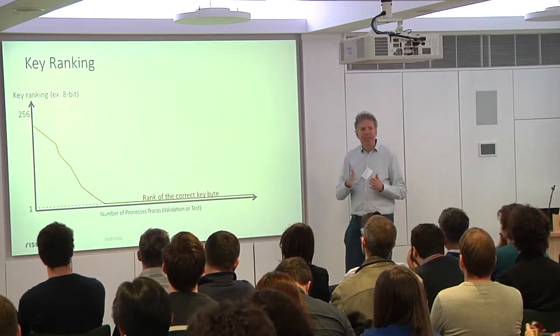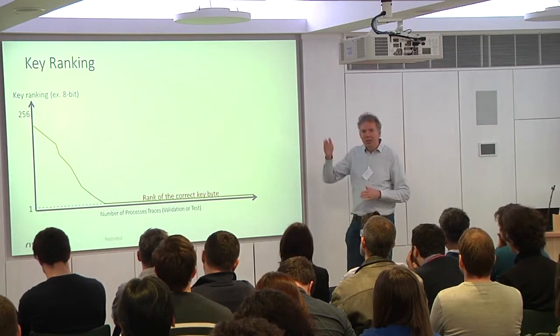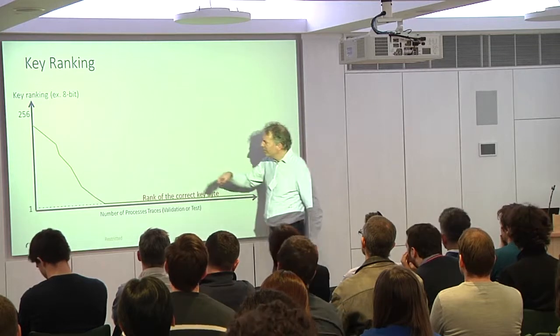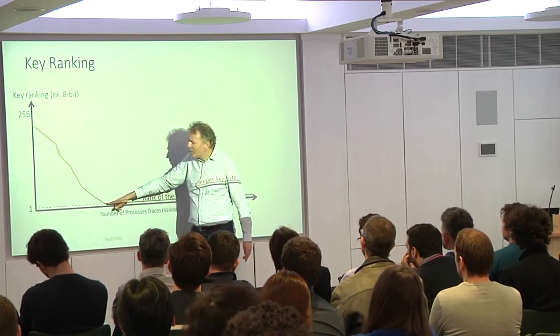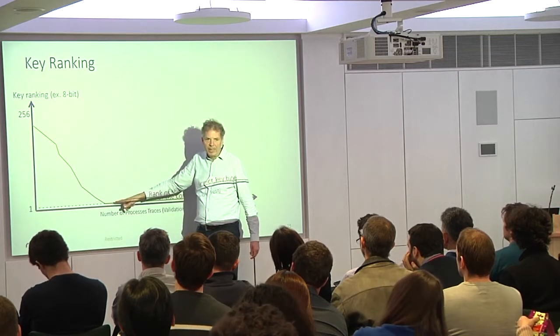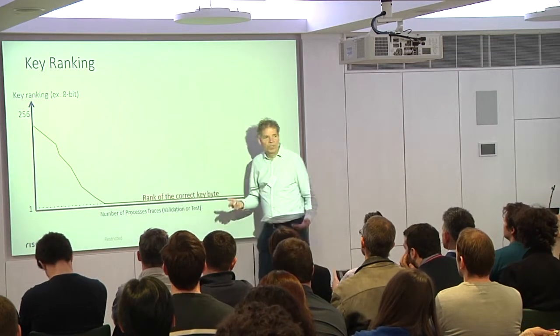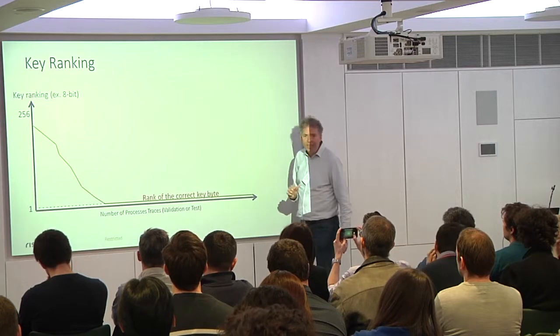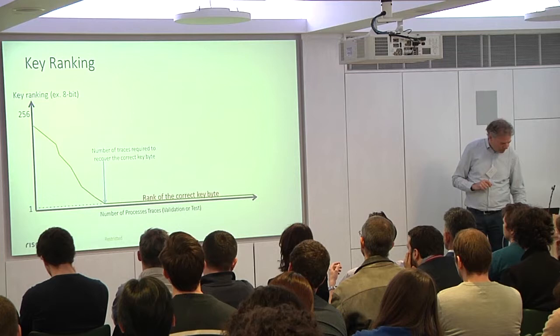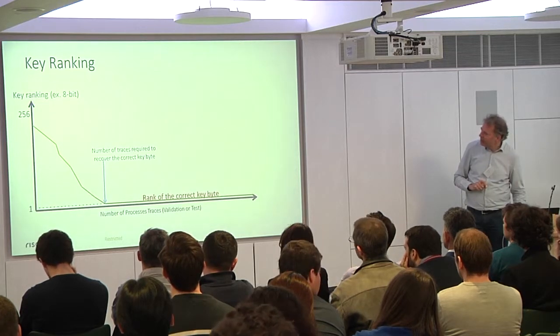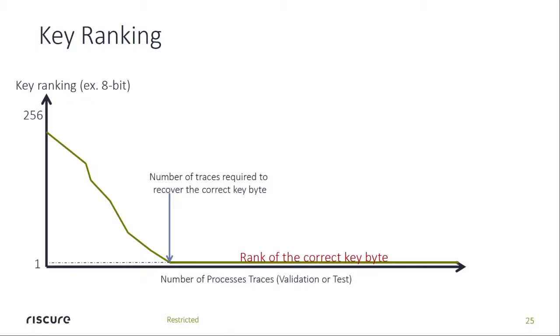With every trace that we analyze, we see this entropy going down, from 256 down to 1. There's only one possibility that remains, and then we have found the correct value of that key byte. So this is the number of traces required to recover the correct key byte.